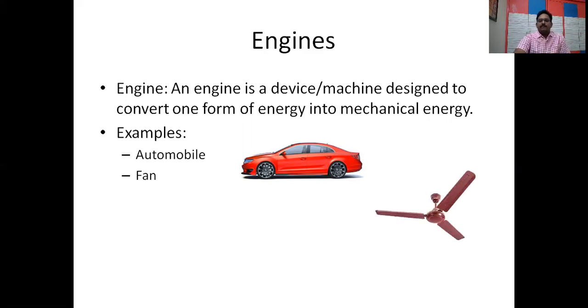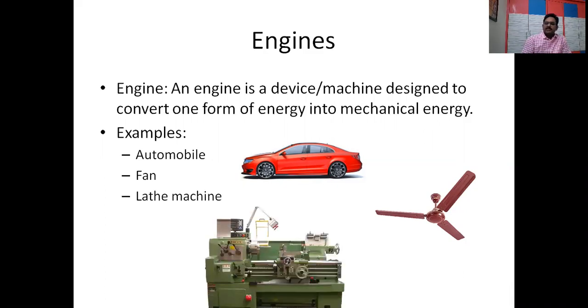The second one is a fan. Generally we won't call a fan an engine, but a fan is an engine as per this definition, because it converts electrical energy into mechanical energy, thereby it rotates and we get air from it.